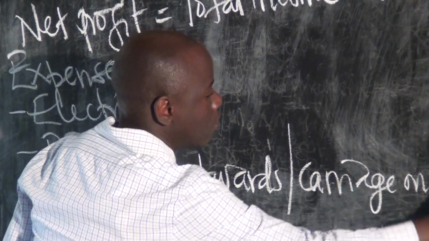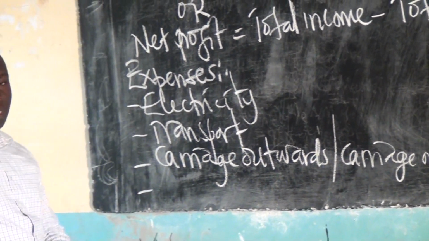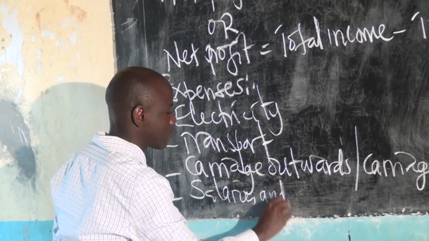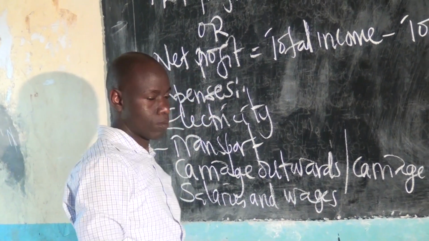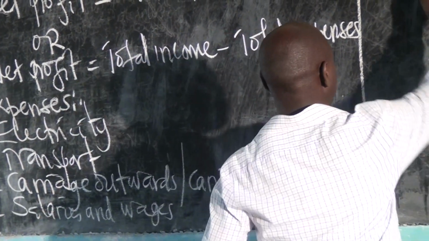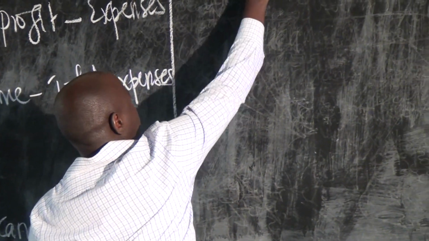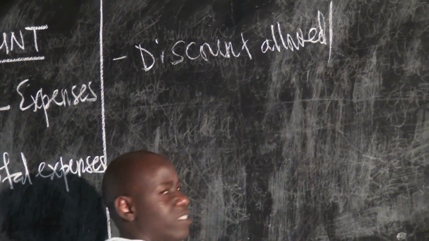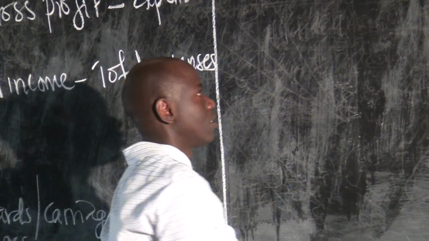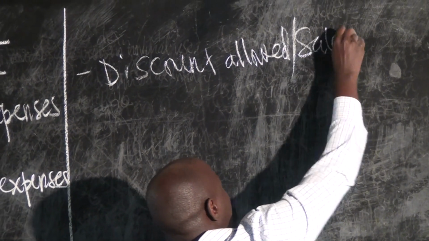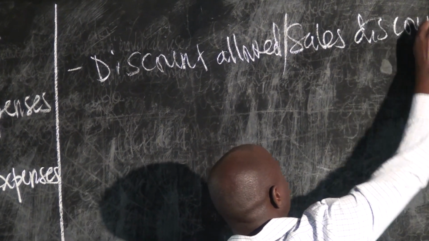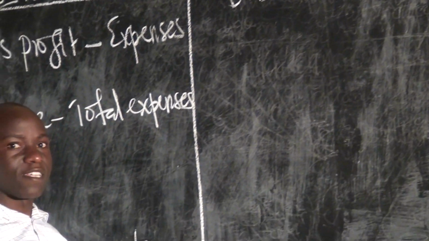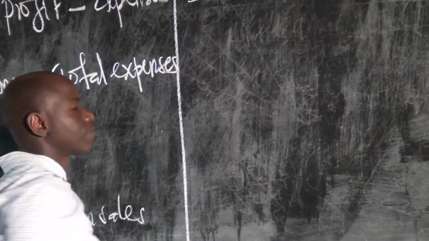We have salaries and wages. We have discount allowed. Some people call it sales discount. It is a price reduction that the business gives to its customers. It is regarded as an expense to the business.